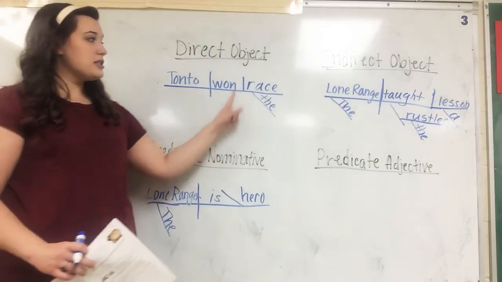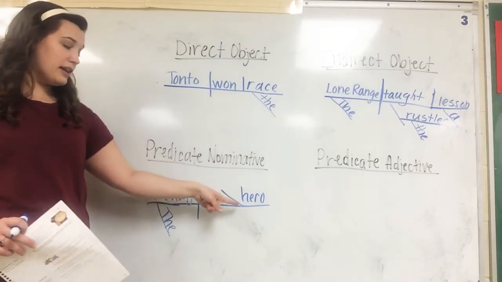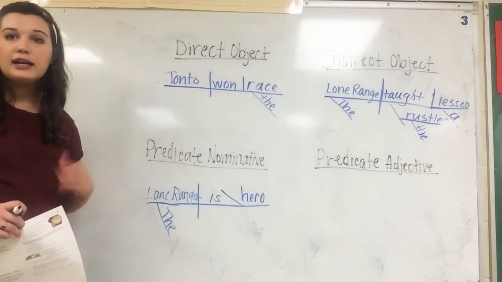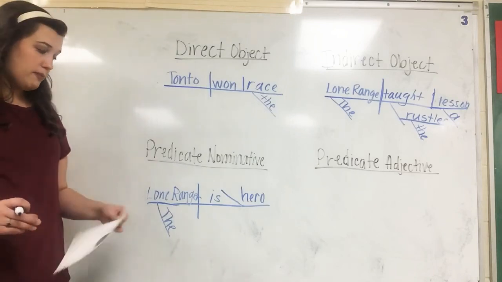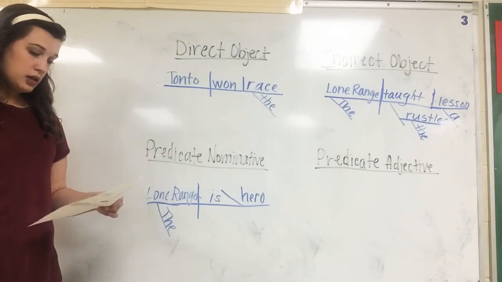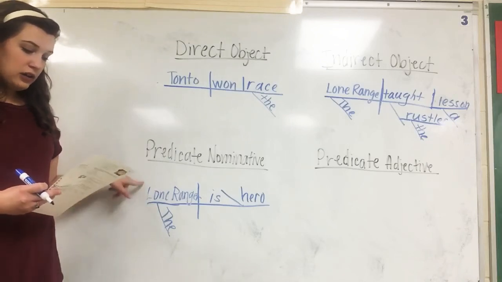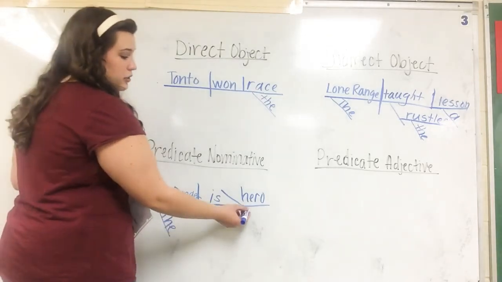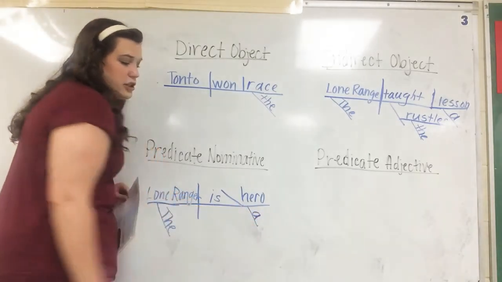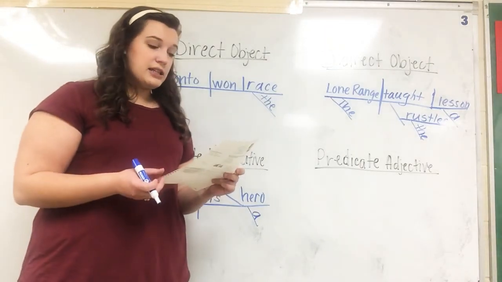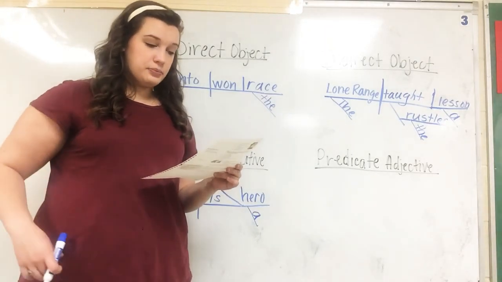So the direct object is just a straight line. The predicate nominative slants back towards the subject that it is renaming. Okay, but we do have some more articles, so we did the Lone Ranger is hero. So we need to do a describes hero. So it's an adjective of hero. It's an article adjective.